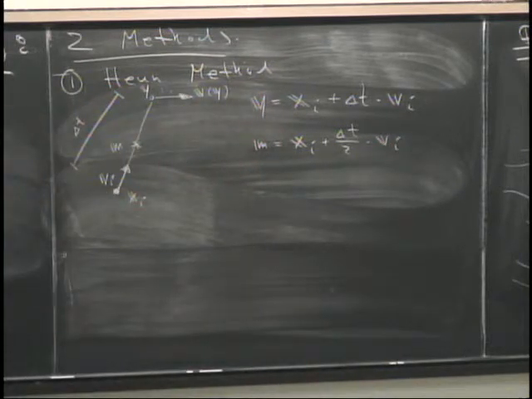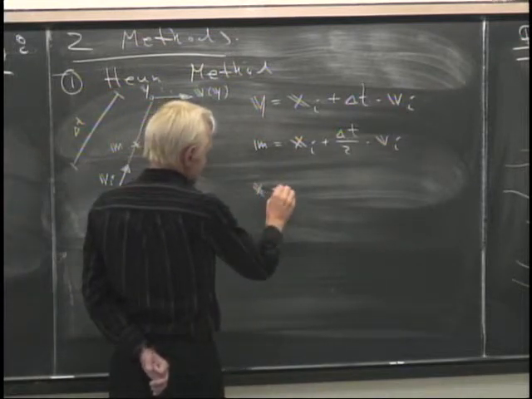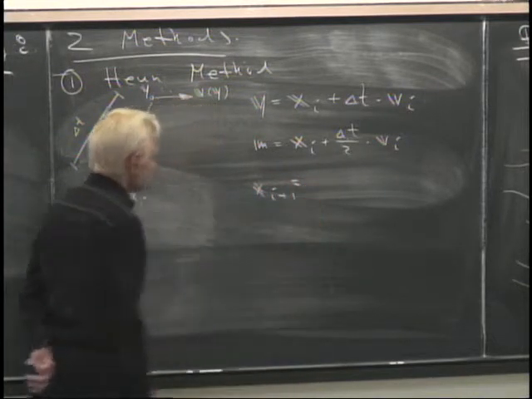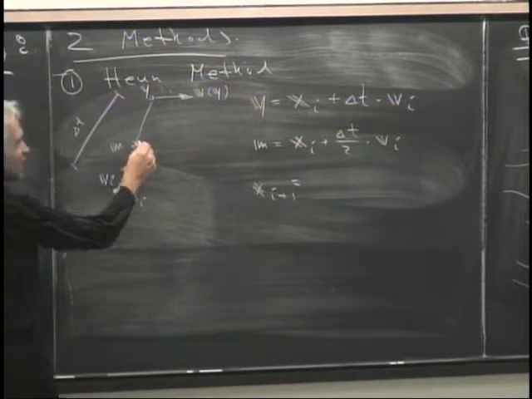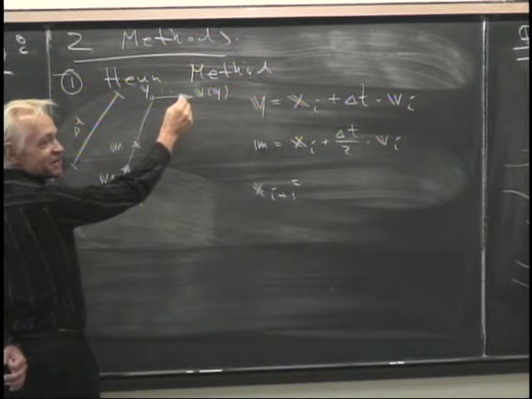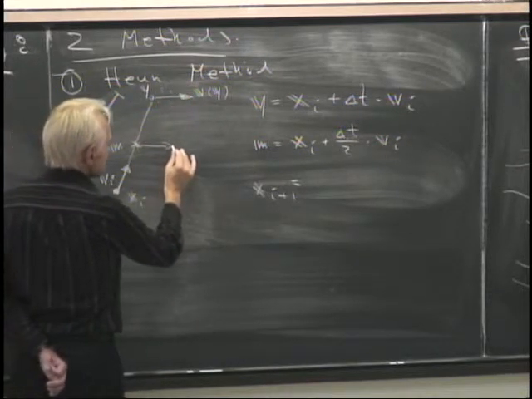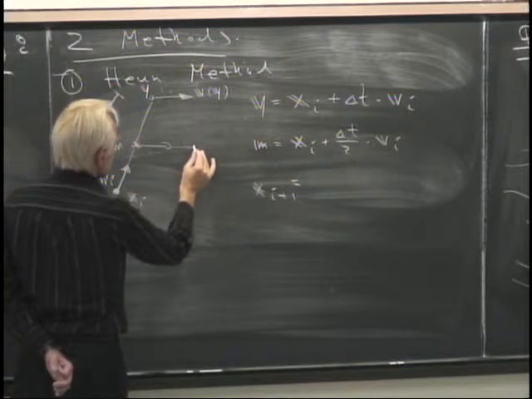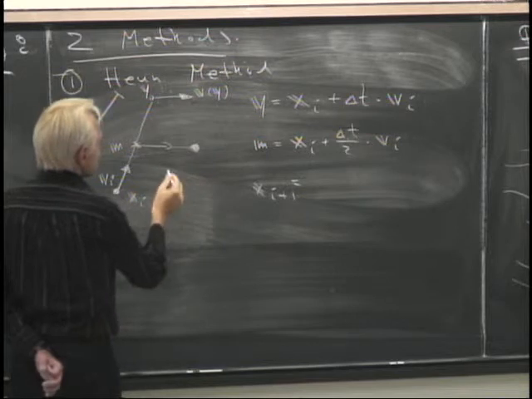Now I want to get the next point, xi plus 1. xi plus 1 is defined by starting at this midpoint and marching in the direction of the velocity up there. So now I march in this direction for some time.